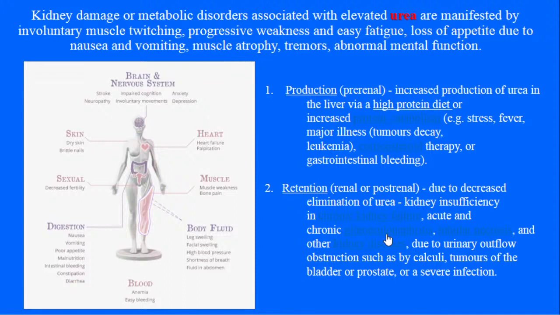It can be in chronic kidney failure, acute and chronic glomerulonephritis, meaning filtration is disordered, or tubular necrosis where concentration is not possible, and other kidney diseases, and also due to urinary outflow obstruction, such as in kidney stone disease or tumors, or tumor of the urinary bladder or prostate, or severe infection where it is blocked by pus and the cells which are desquamating from the epithelium.